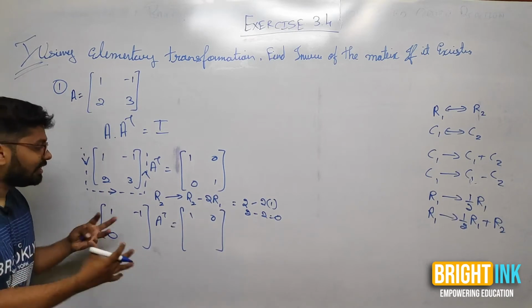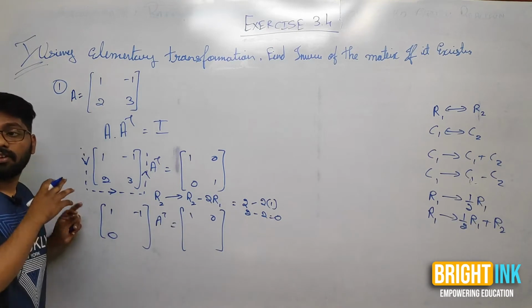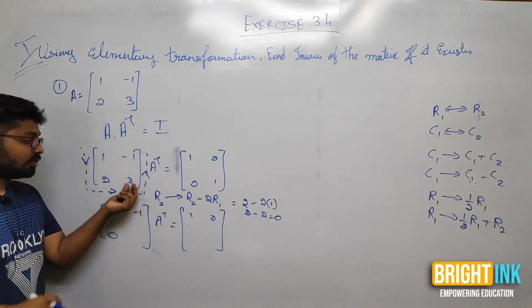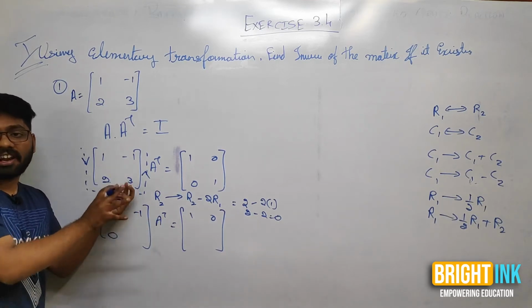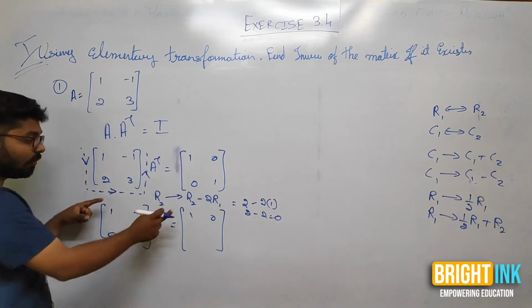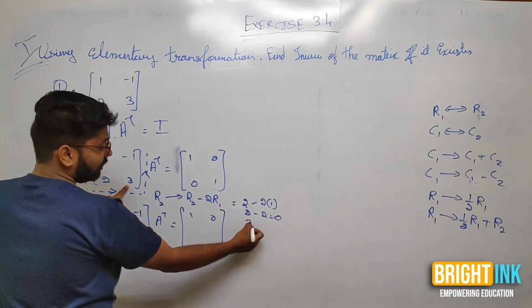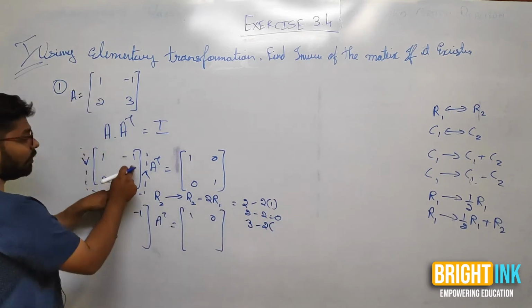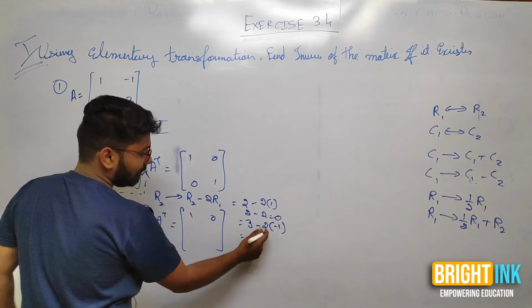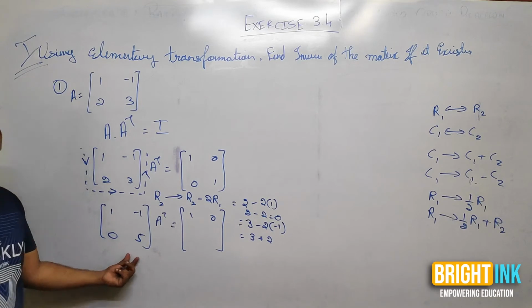Now the entire row 2 has to change. You are not only going to change one element, you are going to change all the elements. So 3 is there, again the same formula. What is R2? 3 minus 2 into what is R1? Minus 1. So 3 minus 2 into minus 1 is 3 plus 2, you should write 5.